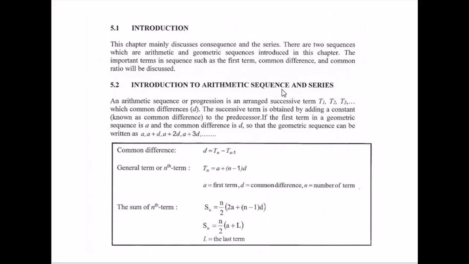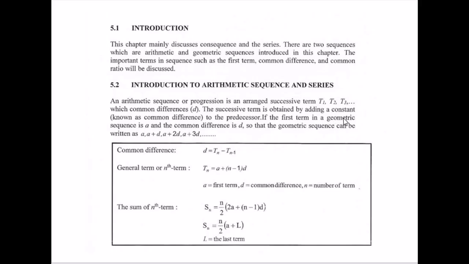Okay, introduction to arithmetic sequence and series. An arithmetic sequence or progression is an arrangement of successive terms T1, T2, T3, with common difference D. The successive term is obtained by adding a constant known as the common difference to the predecessor.